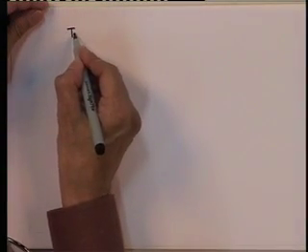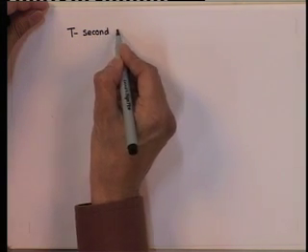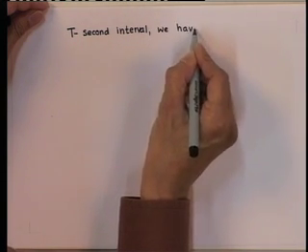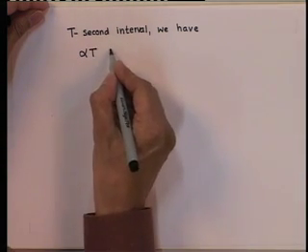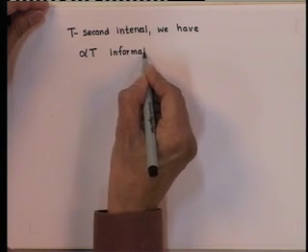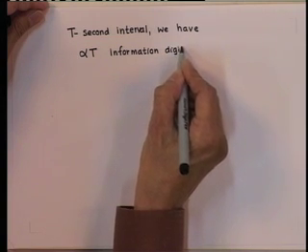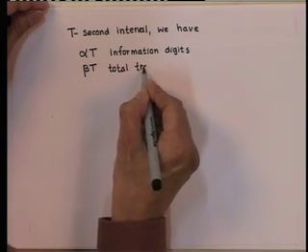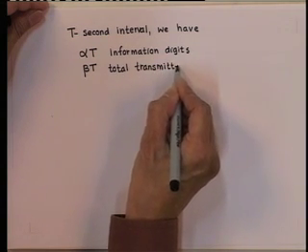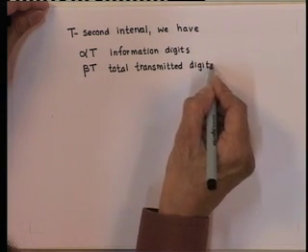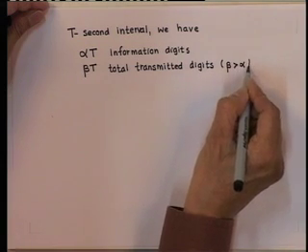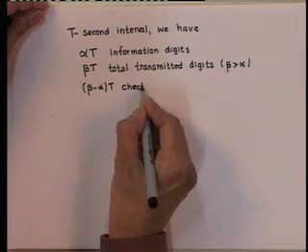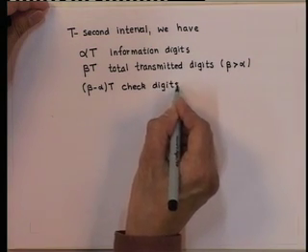Therefore, over a t second interval, we have alpha times t information digits and beta times t total transmitted digits, where beta is greater than alpha, and this implies (beta minus alpha) times t are check digits or redundant digits or guard digits.